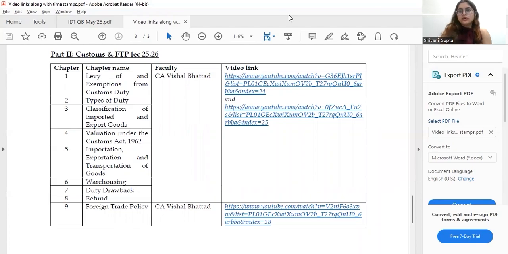And let's come to the common queries and some guidance I would like to share. First thing first, whether you have to do the full syllabus or not. Some people leave customs and FTP and just focus on the GST part, which is of 75 marks weightage, 75%.